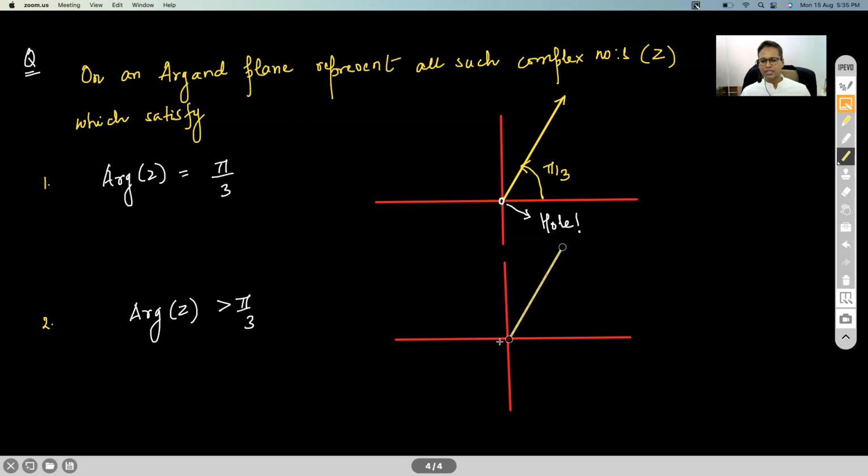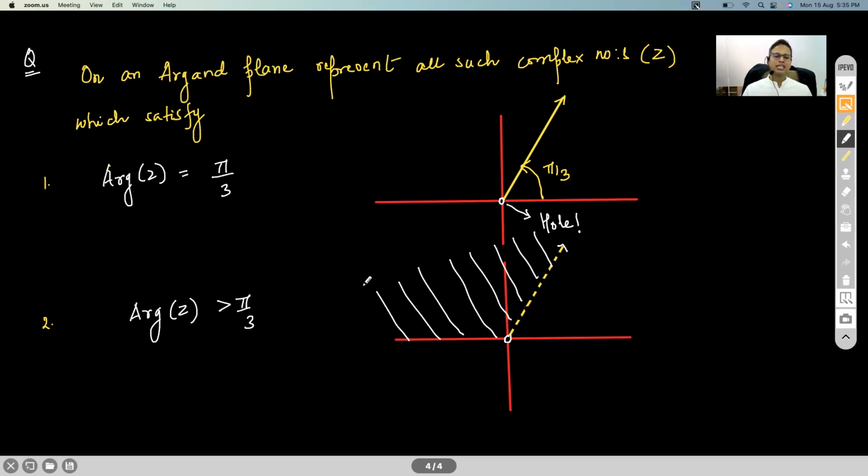Okay. So here, the diagram will look like this. First of all, the ray that you will be making will be a dotted ray. Secondly, there will be a hole here. And everything on this side will be shaded.